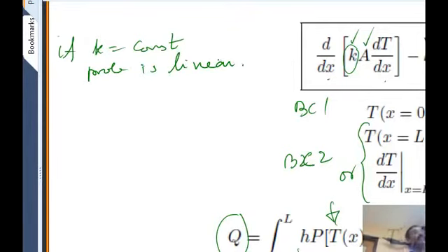How about A? Can A change with distance? Obviously yes, if the fin is tapering. Okay? But I should tell you how it is tapering. Will that make it nonlinear? It will not. A could be a function of x, meaning at various x positions the cross-sectional area keeps changing, as in a tapered fin. Okay? But it will still remain a linear one.